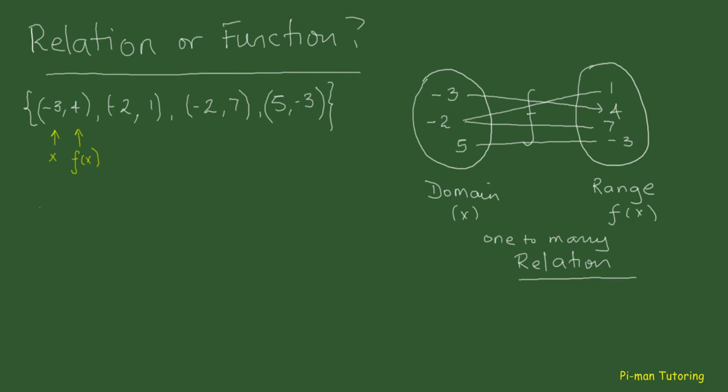It's also possible to have a many-to-one relationship and still be a function. So many to 1 is a function, 1 to 1 is a function, but 1 to many is a relation.